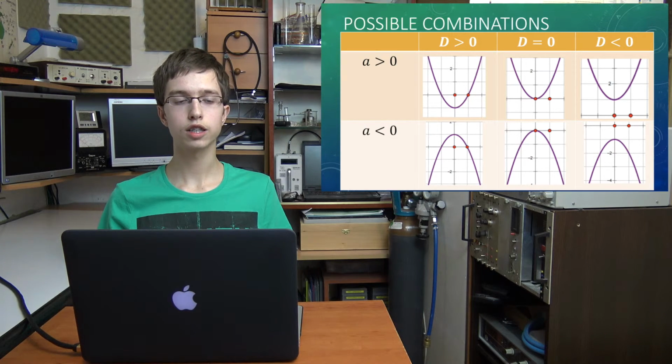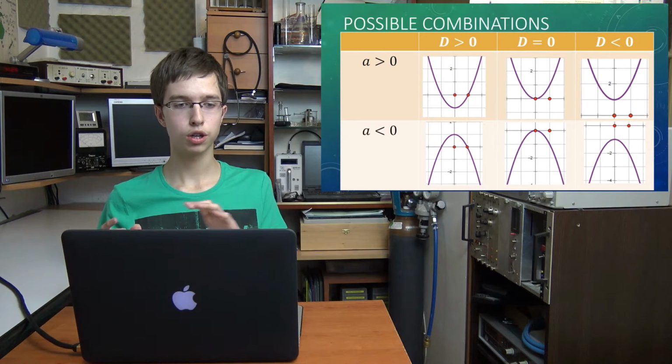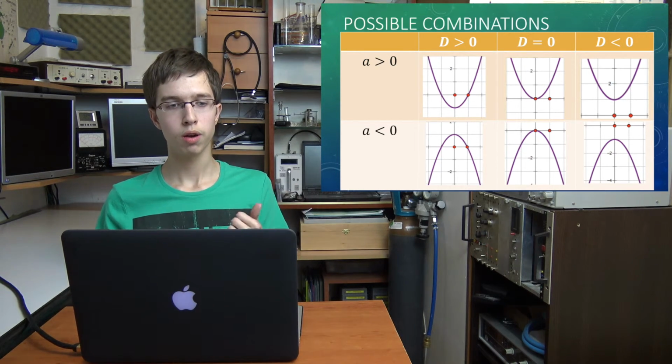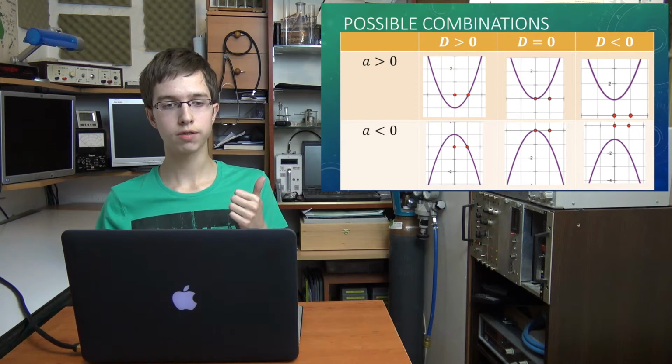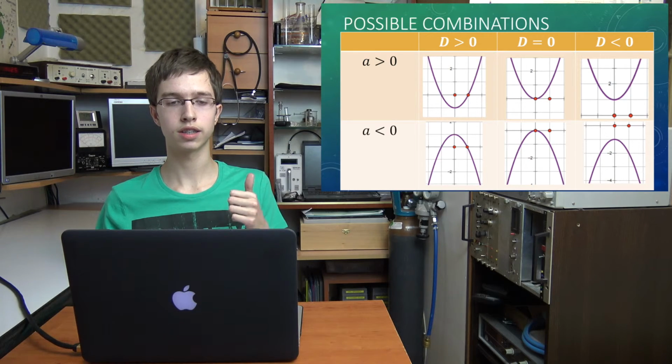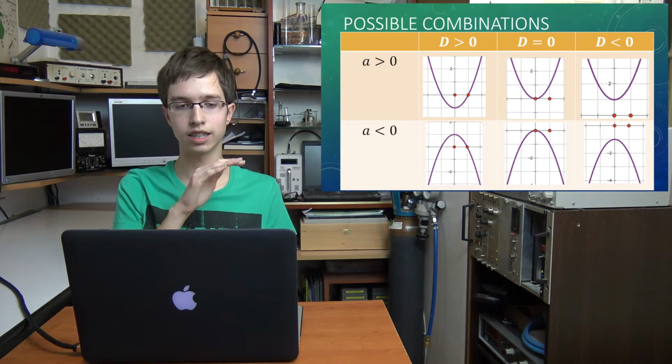And there are 6 possible combinations of a coefficient and discriminant D. We'll only show for this first row when a is greater than 0, and in this first case when discriminant is greater than 0, parabola intersects x-axis in 2 points.